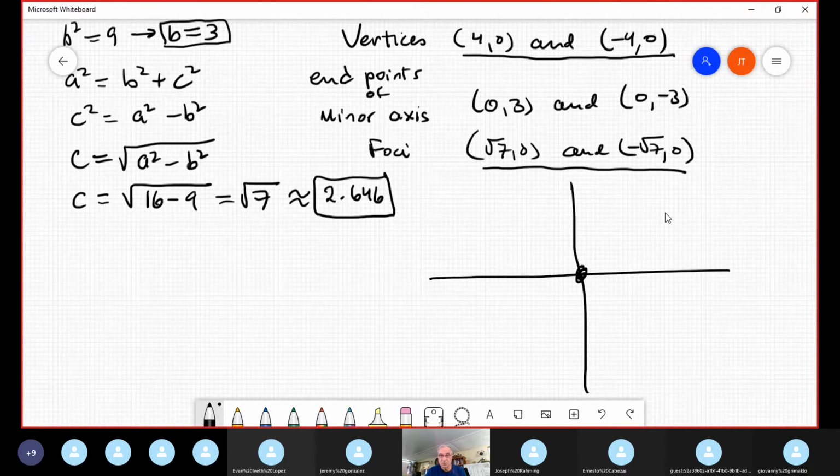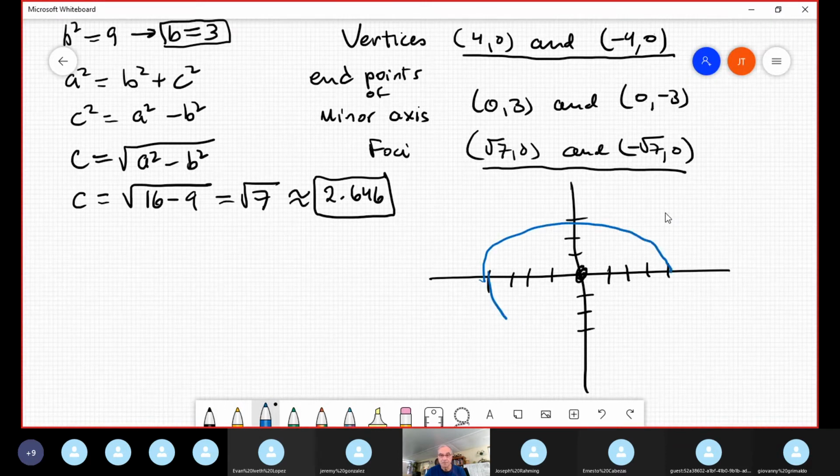Center here, vertex at 4: 1, 2, 3, 4, 1, 2, 3, 4. Endpoint for the minor axis, 1, 2, 3, 1, 2, 3. Our ellipse looks like that. This point is 4,0. This point is minus 4,0. This point is 0,3.